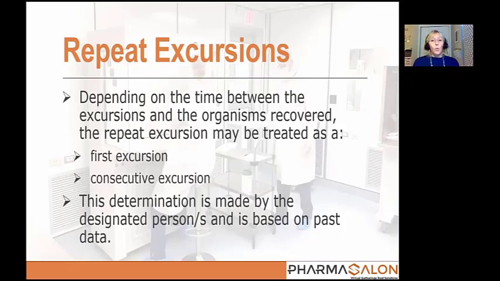Now, what you could do, though, is if it was mold in June, 1 CFU, and now you're seeing the same mold, but you have 10 CFU in October, that might warrant you doing a consecutive excursion, which means you reopen that past investigation and go back, see what was there, run through everything again, and make sure that you have crossed all the T's and dotted all the I's on what you implemented from a corrective action from the first time is still effective.